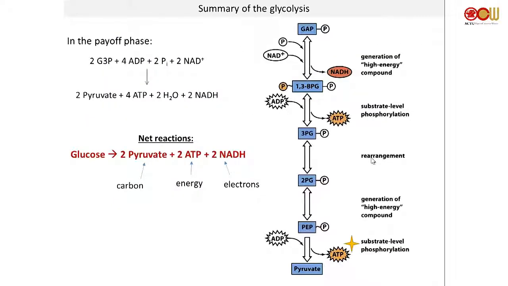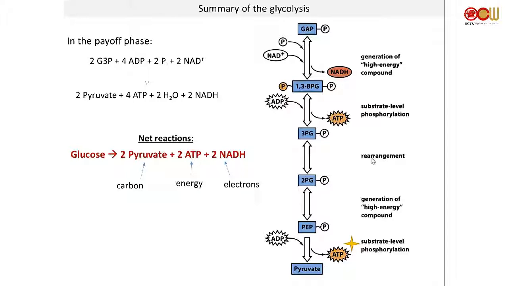All right, so this is a summary of glycolysis. The net summary is that we covered 10 reactions going from glucose to pyruvate. In the payoff phase, the lower half of glycolysis, you take 2 glyceraldehyde 3-phosphates and you generate 2 pyruvate. In the process, you generate 4 ATP and 2 NADH.